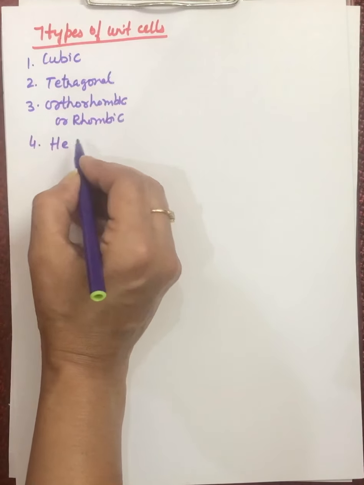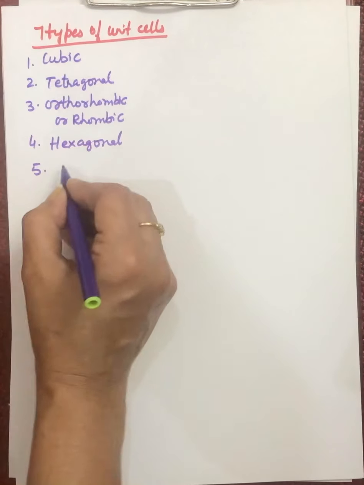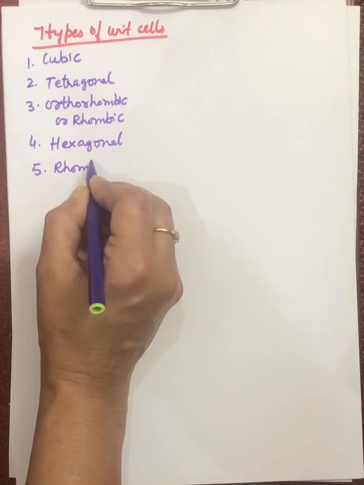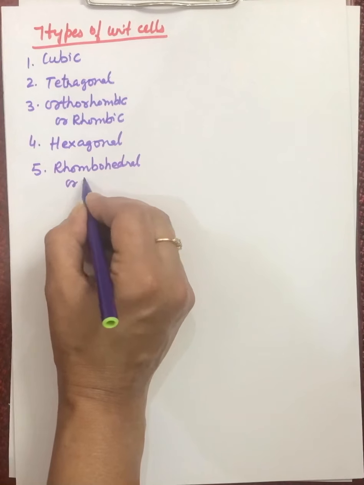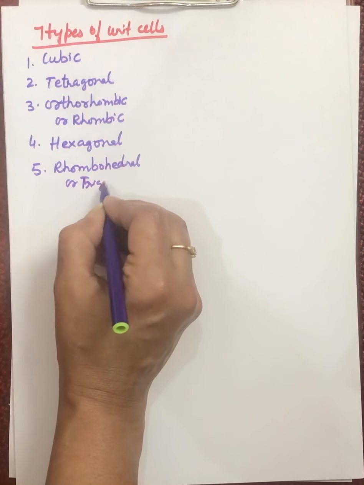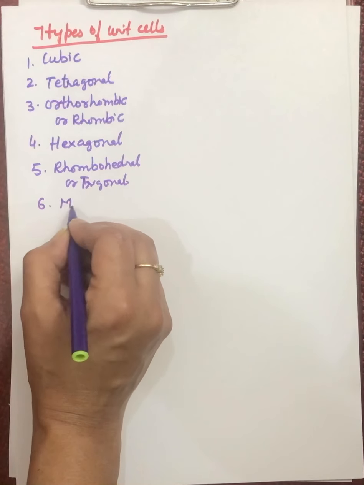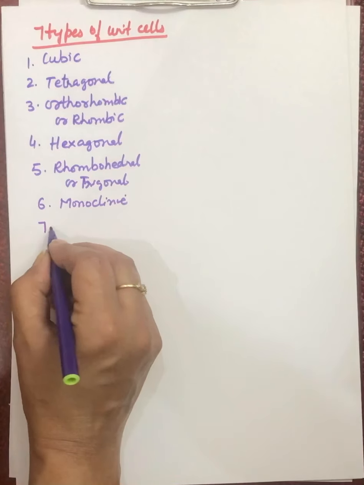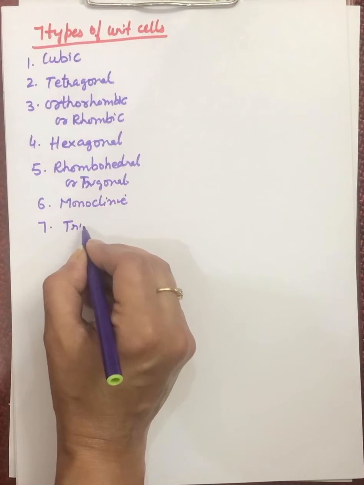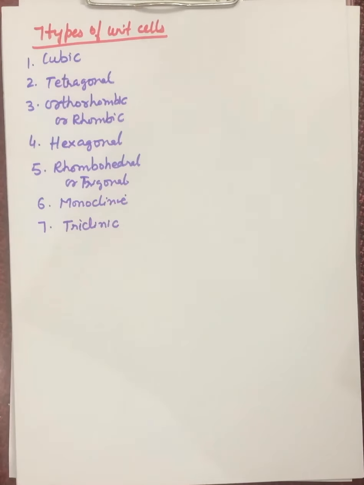The fourth one is hexagonal, fifth is rhombohedral, or also known as trigonal. Next is monoclinic, and seventh one is a triclinic unit cell. These are the 7 types of unit cells based on the parameters.